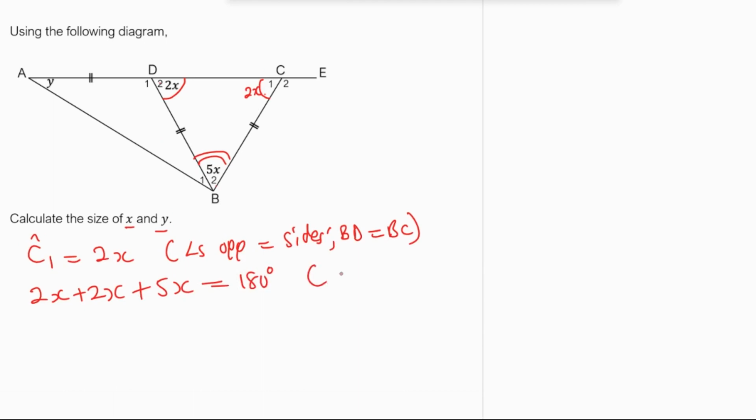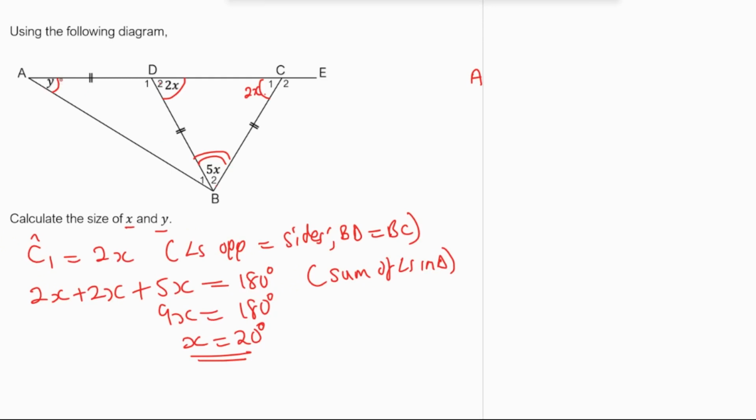The reason is sum of angles in triangle. So it means 9x is equal to 180 degrees. We divide by 9 on both sides of the equation. x is equal to 20 degrees.